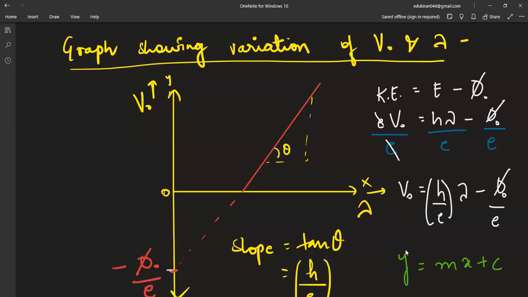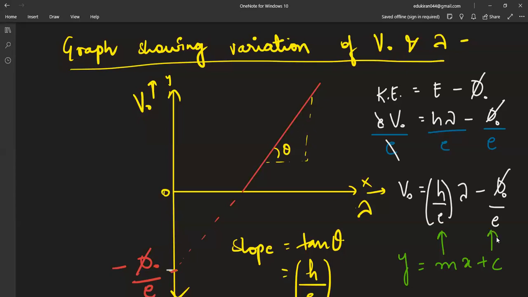On the y-axis we have V naught, that is y. m is the slope, that is h by e. x is the variable on the x-axis, that is nu. The slope is calculated by tan theta, and it is h by e.